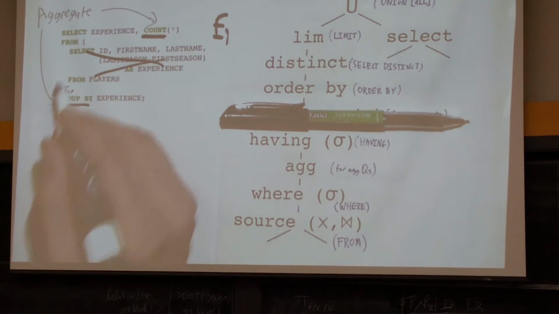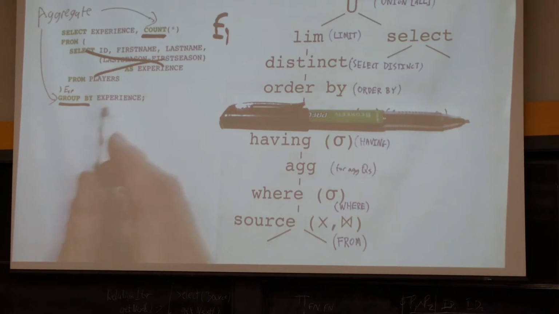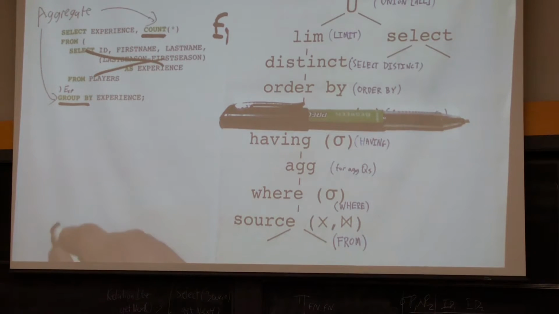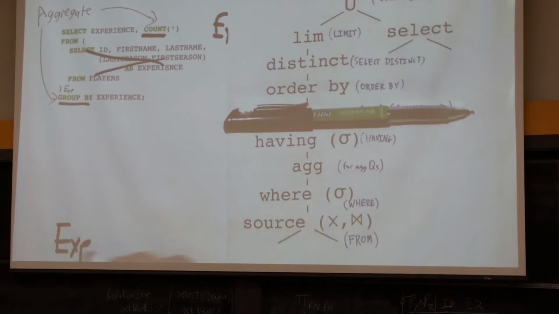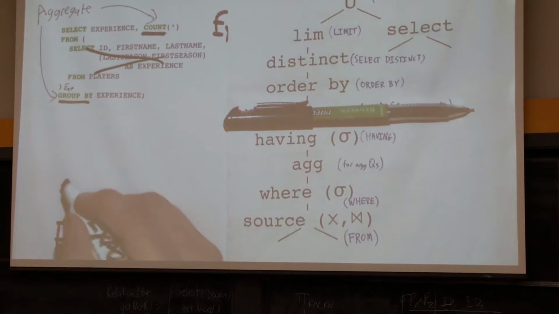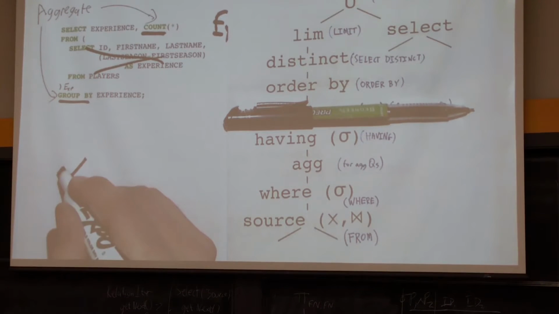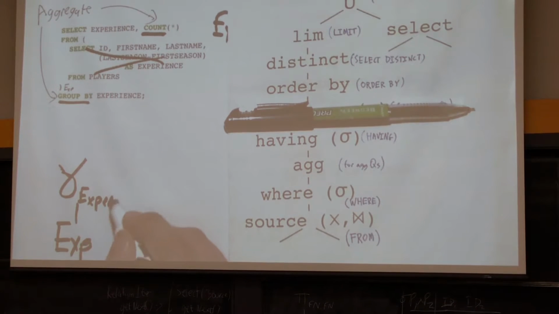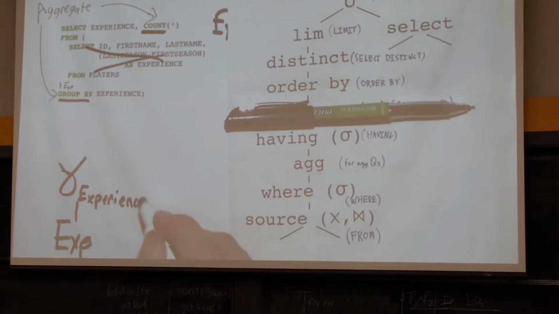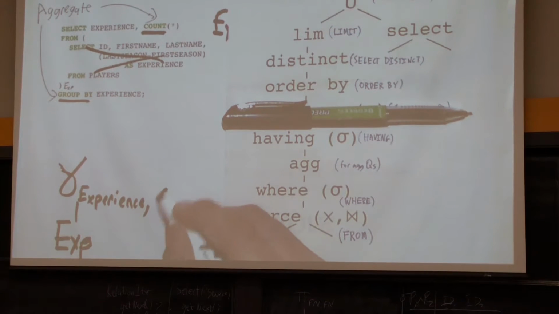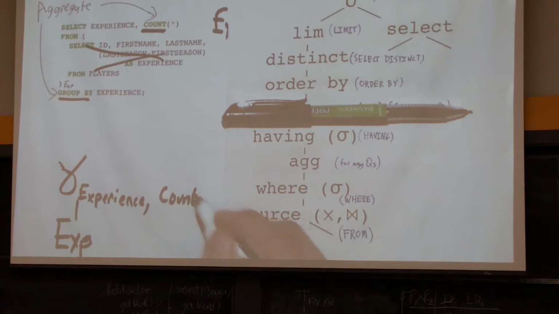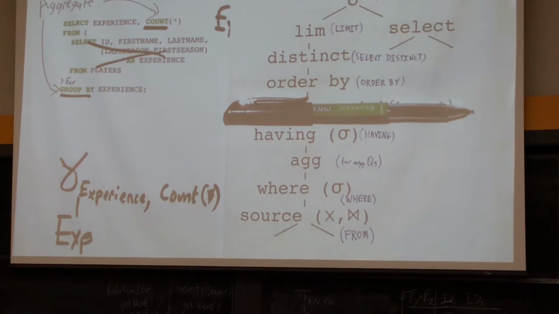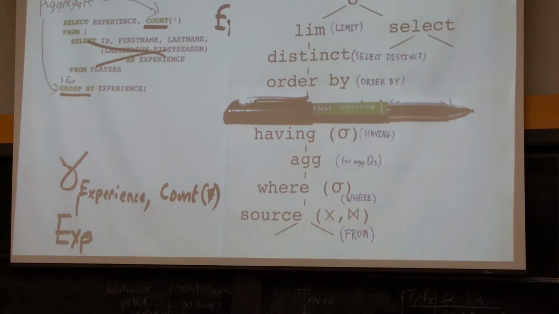So once again, in this case we have no where clause, we have no cross product, we just have experience. And that feeds into a group by aggregate operator with experience and computing the count. Once again, count star just meaning count everything.